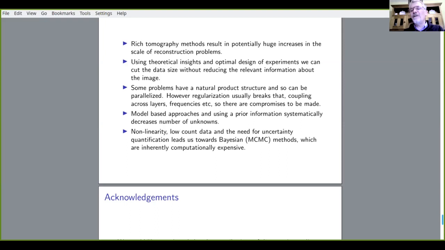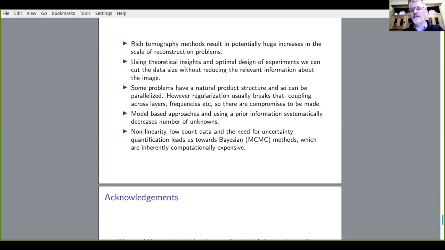I think increasingly we're going into a Bayesian world. As soon as we have nonlinearity, especially resulting in non-convex optimization, but also when we have low count data and limited data, the UQ, the uncertainty quantification, becomes more important, and it's not just good enough to get bigger computers. And fortunately, the Bayesian people are working on this.